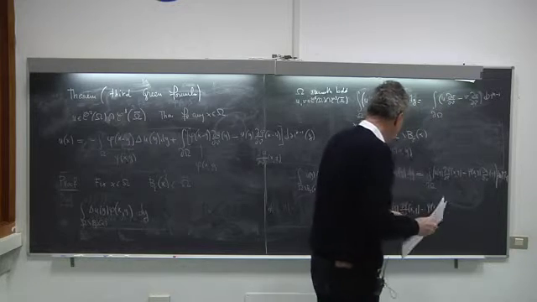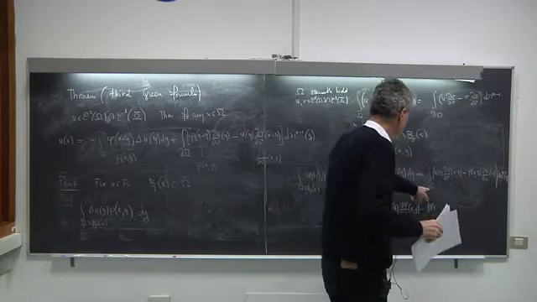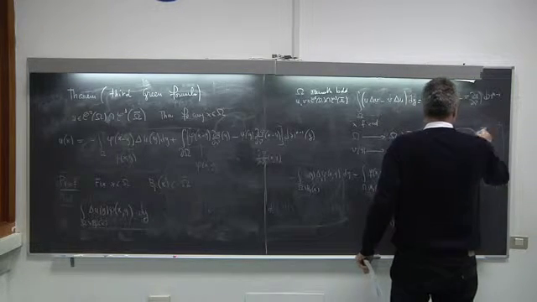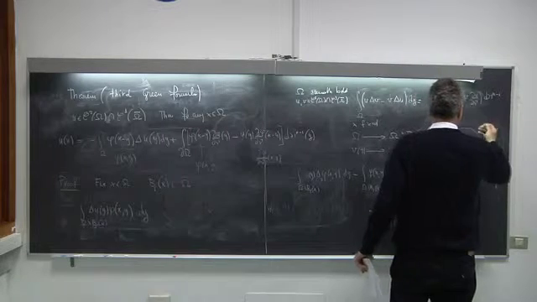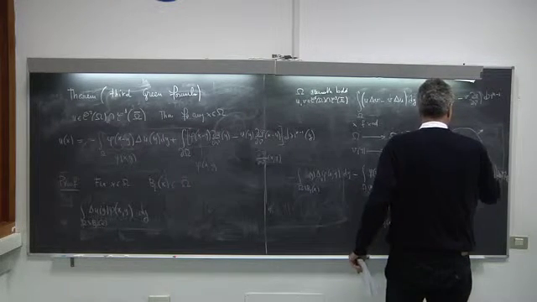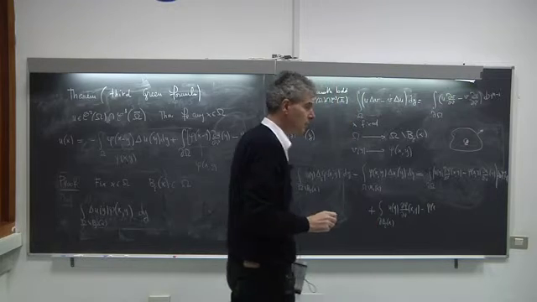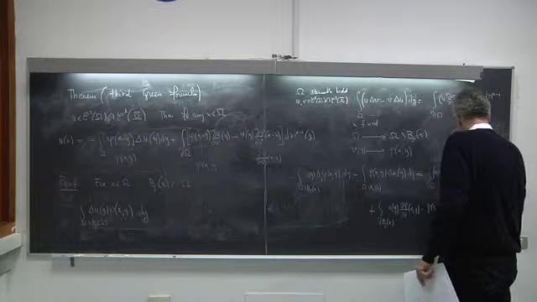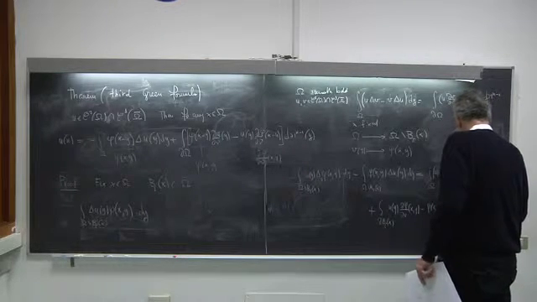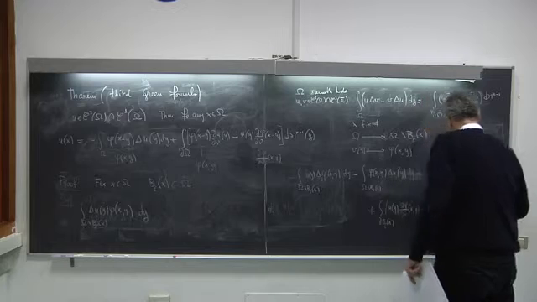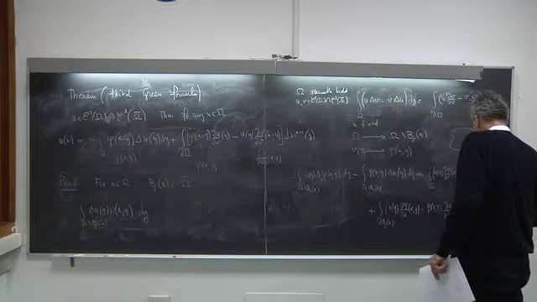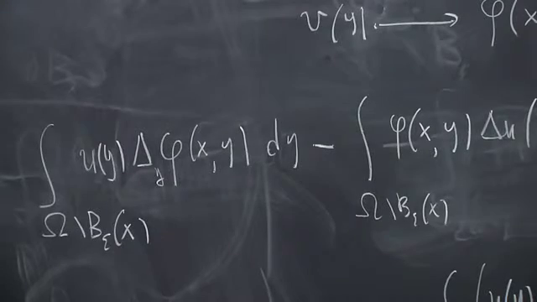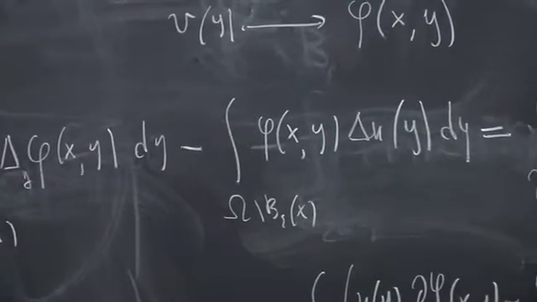Now, nu is exterior again as before. Here this nu is like this, minus phi of x and y du over d nu y, dH n minus 1 y.